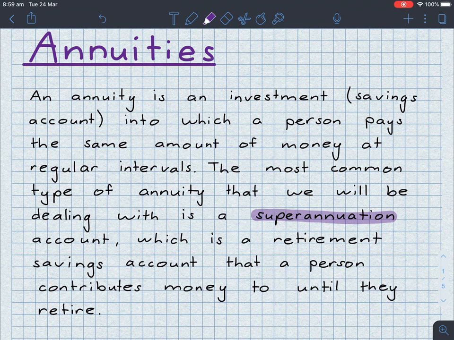There are some industries where that doesn't happen and it's actually taken out of your pay, but that's accounted for in your contract. So if you don't really know a whole lot about superannuation, then I would suggest that you have a chat with your parents tonight when they get back from work and talk to them about if they have a retirement savings plan or how much goes into their superannuation each week, because it's something that you will need to deal with once you get a job.